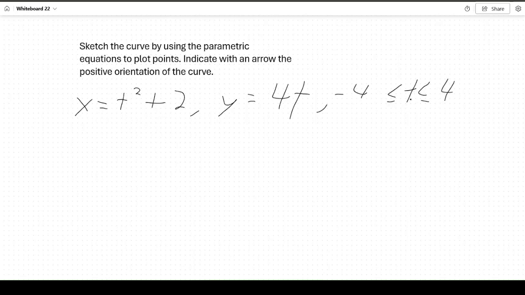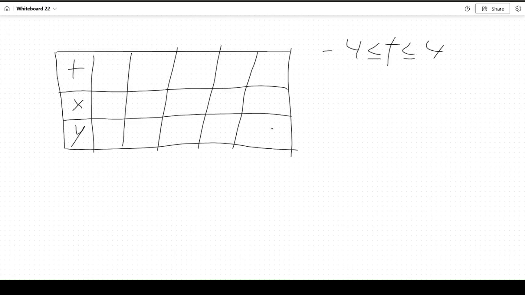When you're given these equations, there's always going to be a t. What you got to do with the t is plug in all the numbers from -4 to 4, for each function. So let's plug in all the values for -4 to 4.